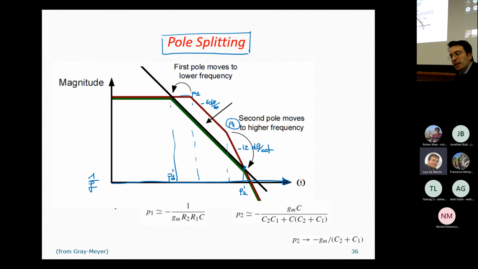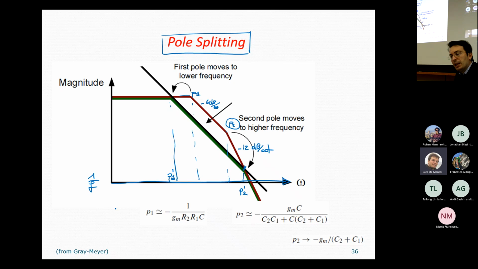So this means that the product of A null times P1 will be equal to the product of this point here, so 1, that is 0 dB, times omega null. So omega null will be related to the dominant pole position by taking into account the DC gain.